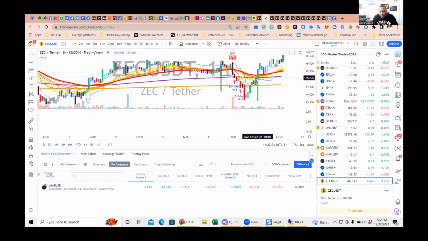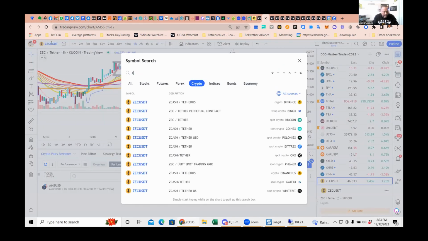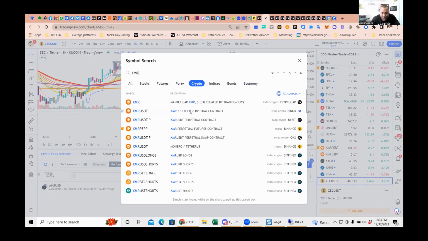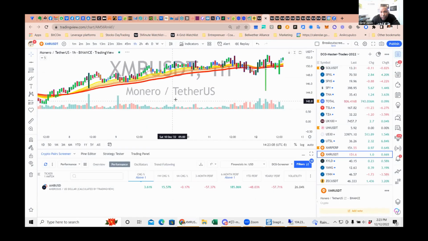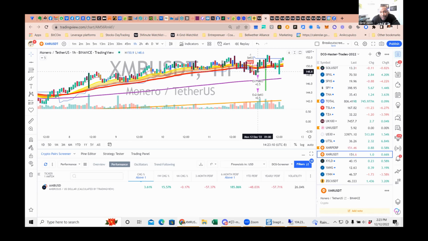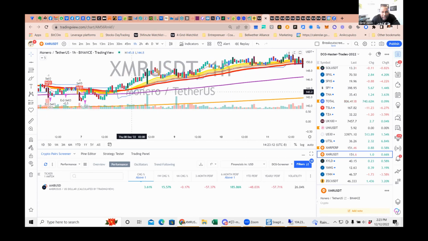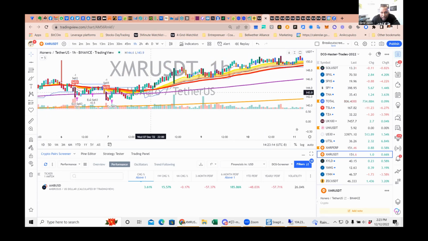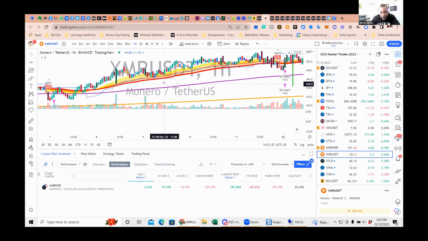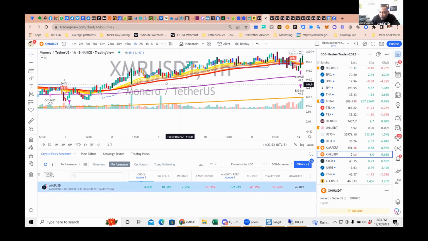It crosses 200, and right here above this line. XMR has been running, and I think a lot of guys have been buying this just because they're trying to get secure. We called this out a long time ago. But this is what I look for: I look for the things that are crossing the 200 and breaking out. I've been calling out XMR since 127 or whatever.